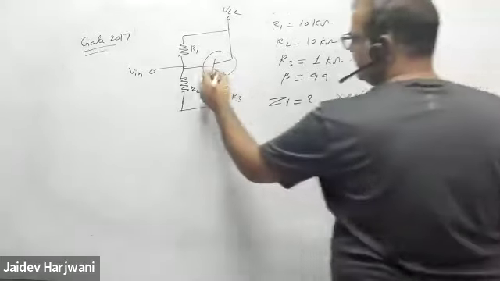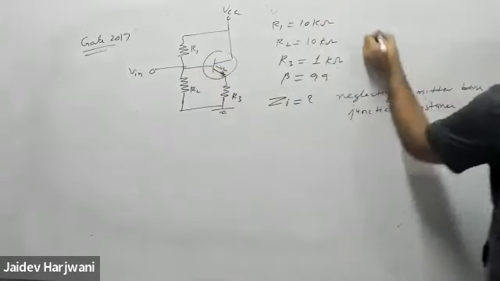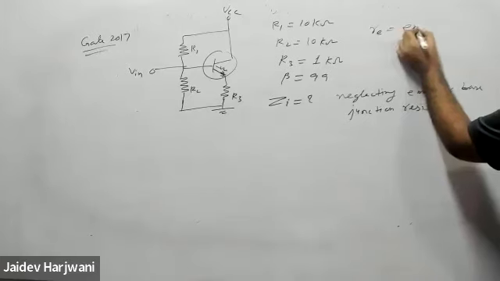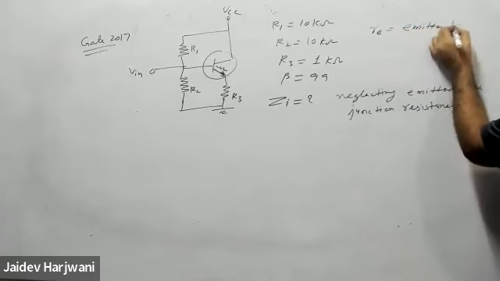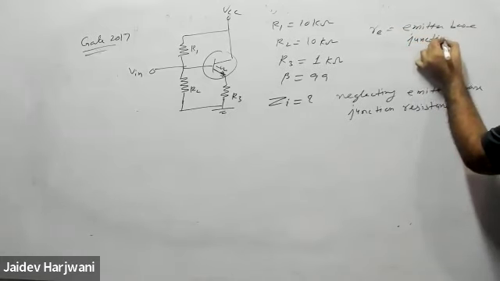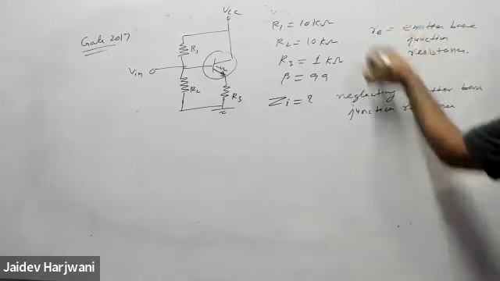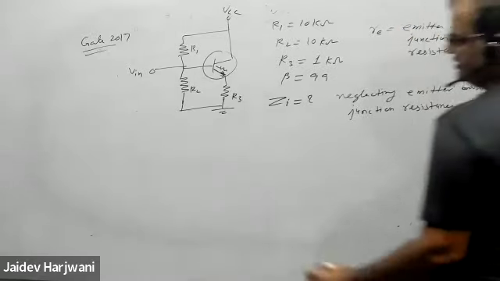So what is ammeter base junction resistance? This is the ammeter base junction resistance, RE. Okay, you have to neglect this one and you have to find ZI.